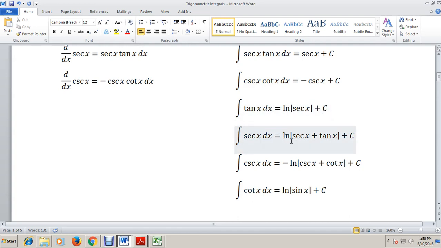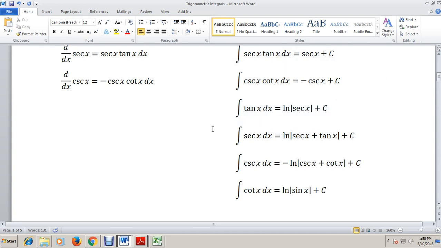Integral of secant x dx is ln of secant x plus tangent x plus c. Integral of cosecant x dx gives us negative ln of cosecant x plus cotangent x. And finally, we have integral of cotangent x dx equal to ln of sine x plus c.